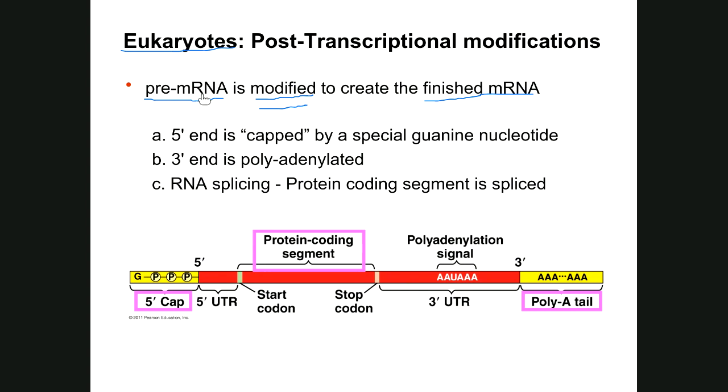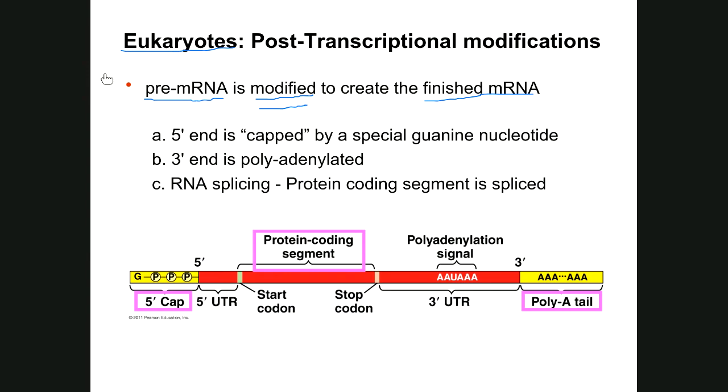This pre-mRNA undergoes 3 types of modifications. The first type of modification is to the 5' end of the pre-mRNA, where a 5' cap is added.